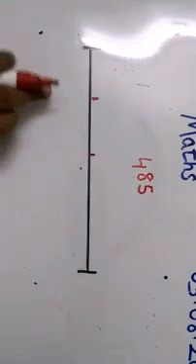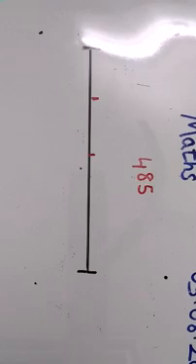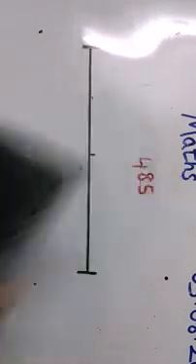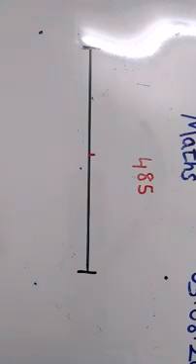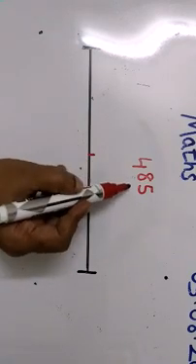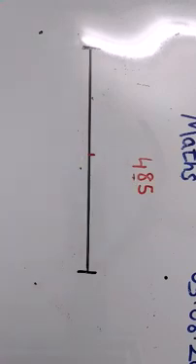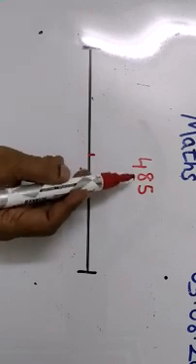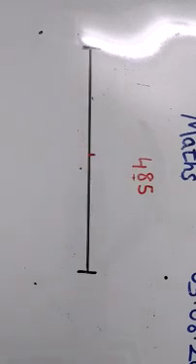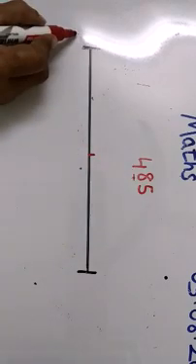Now, my number line is ready? Right. Now I need two benchmarks, the lower side and the higher side. What do I do, children? I see the tens place. What is this, children? 48 tens, or 485. So what will come over here?